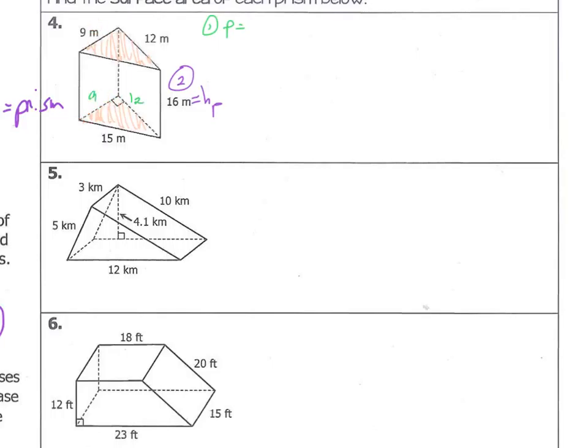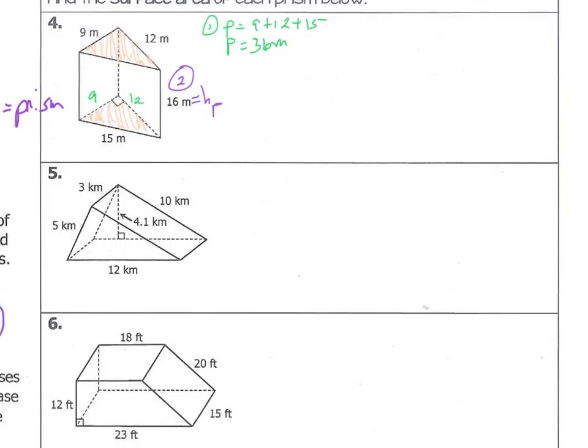So bring all three of those down, add them together. We've got 9 plus 12 plus 15. So add those together, what do you get? 36 meters. So that's your big P. We now have our H, which is the 16 meters. So we have everything we need to find the lateral area.